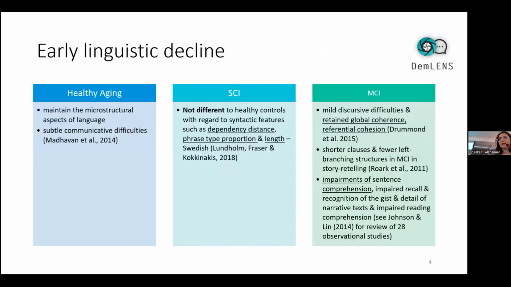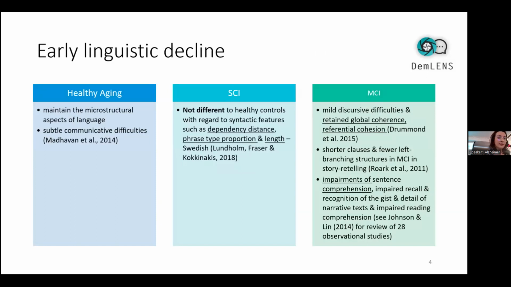Now, is there any early linguistic decline? In healthy aging, not much. Microstructural aspects are maintained. Some subtle communicative difficulties if you test for them, though. What is happening with regard to subjective cognitive impairment?